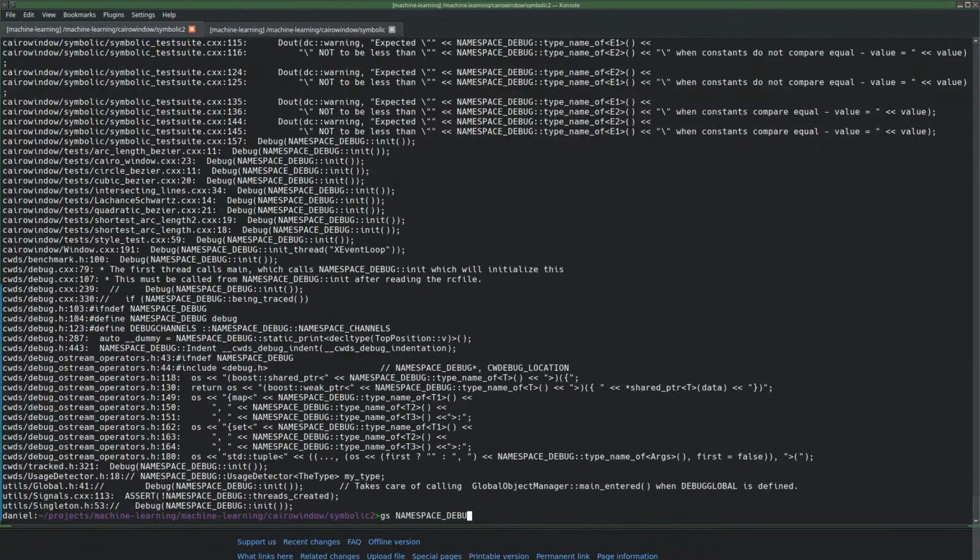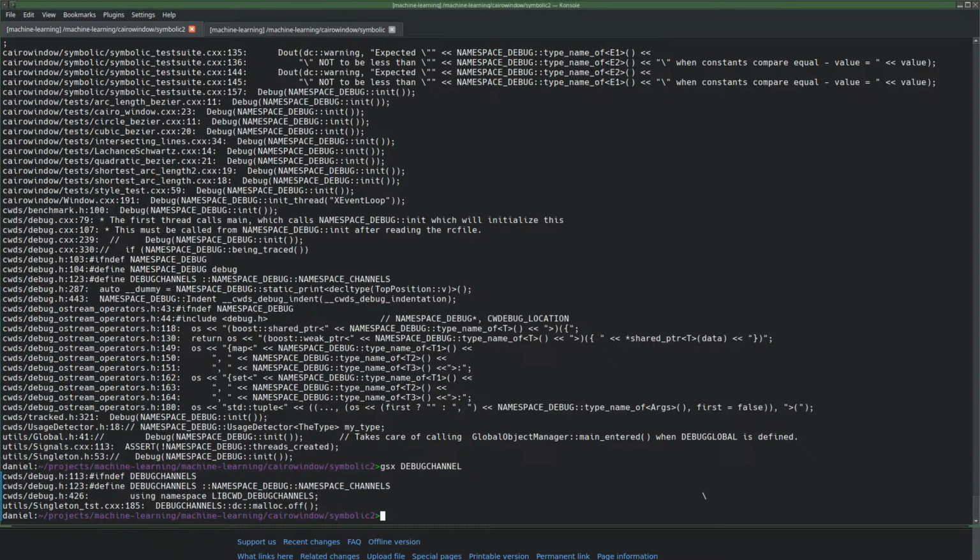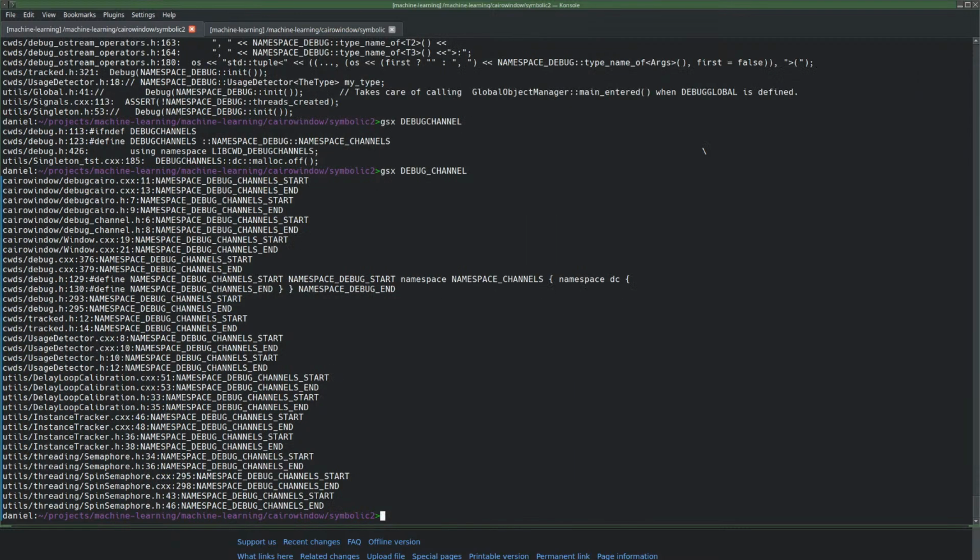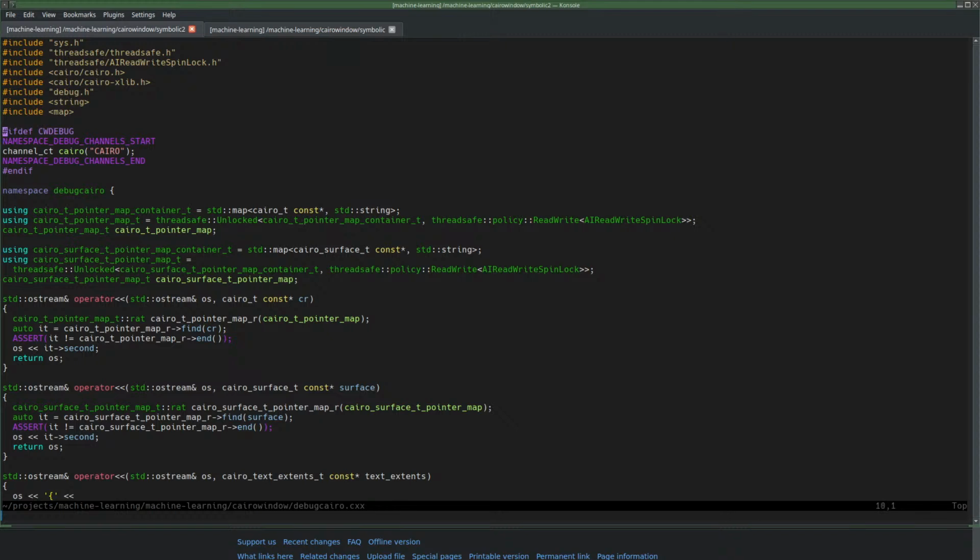No, it's something like debug channel. That's what it is. Example. This is how we add a new debug channel.